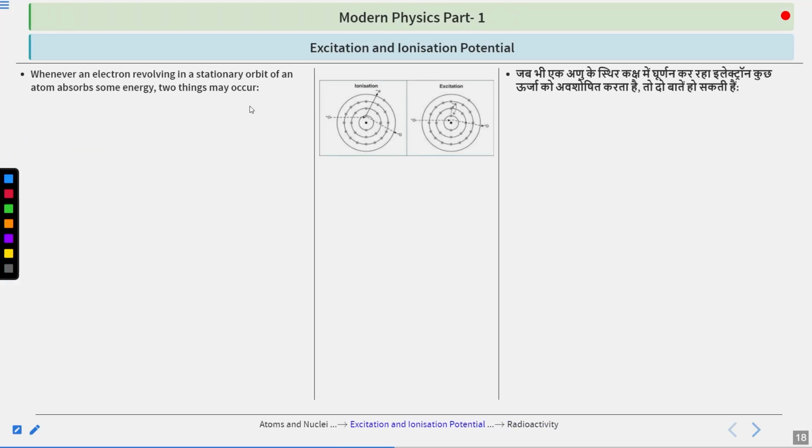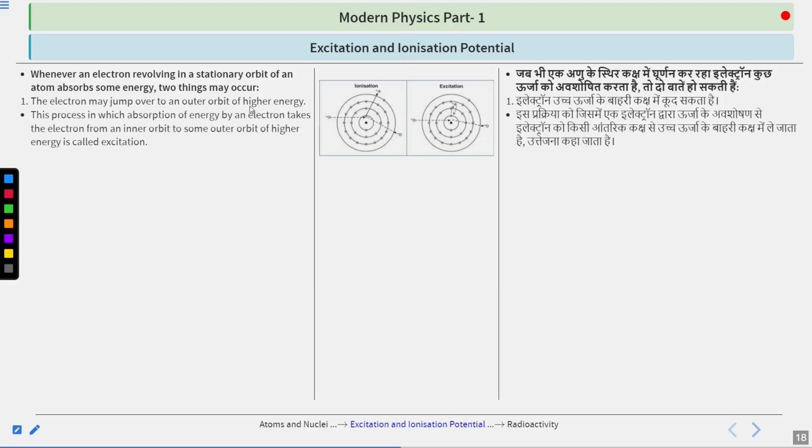Now, excitation and ionization potential. Whenever an electron revolving in a stationary orbit of an atom absorbs some energy, two things may occur. First, the electron may jump over to an outer orbit of higher energy.